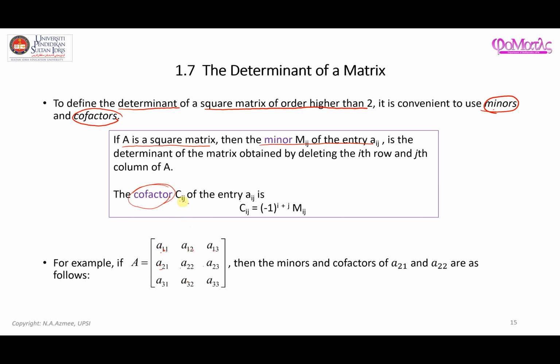So you will have C11, C12, which corresponds to A12, up to C33 that corresponds to entry A33.